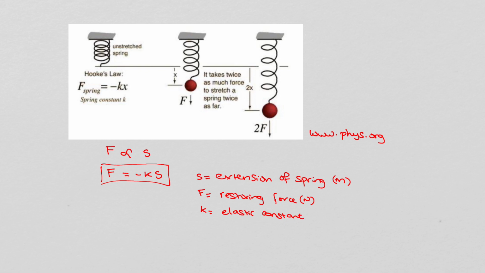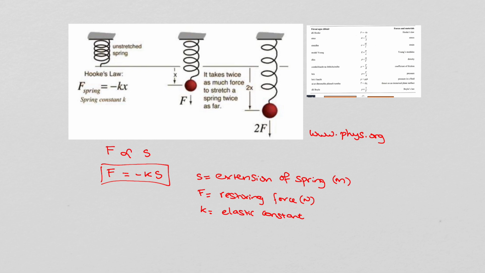This can be found in our maths tables, on page 57. We can see it's under forces and materials, and it's the first one on that page. So F equals minus KS. Okay, so with that in mind, let's look at this question.